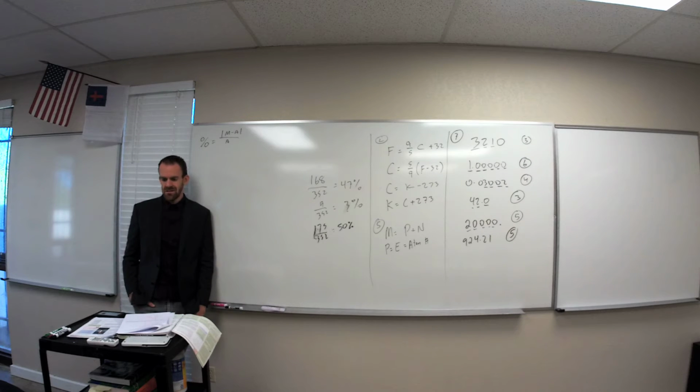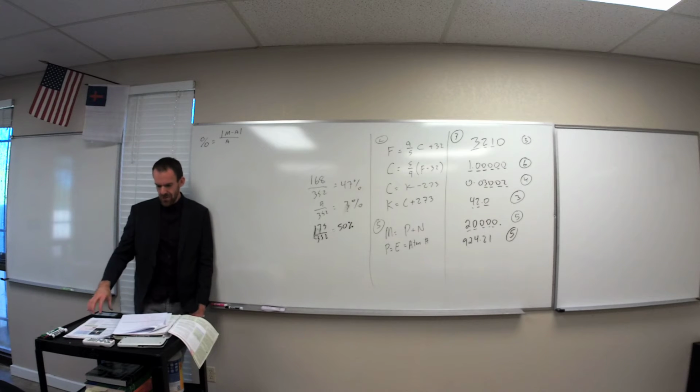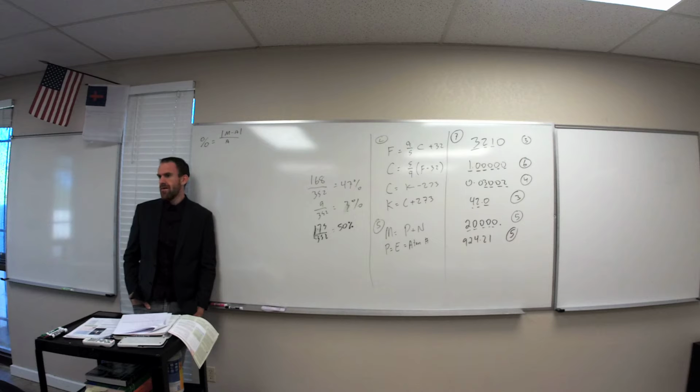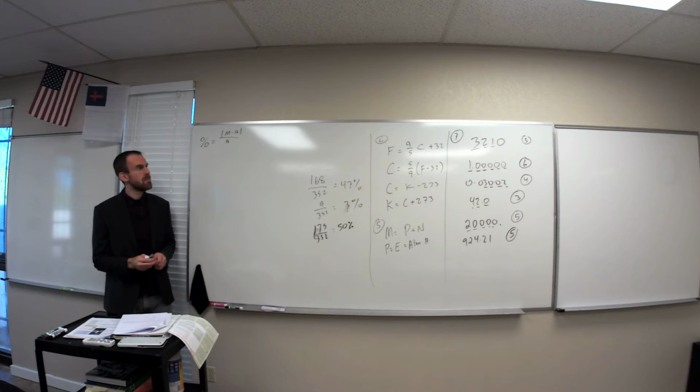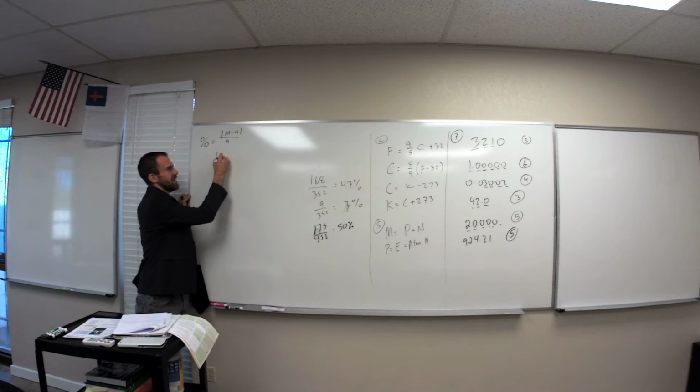So if your answer was not 3%, then it's wrong. So you have 10.3 minus 10. That's 0.3 over 10 is 3%. So what are the lines in the problem? Absolute value. So it makes a negative number positive.